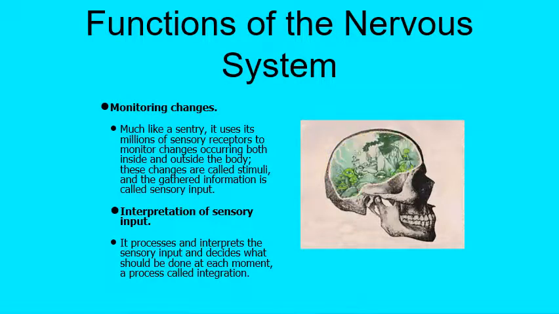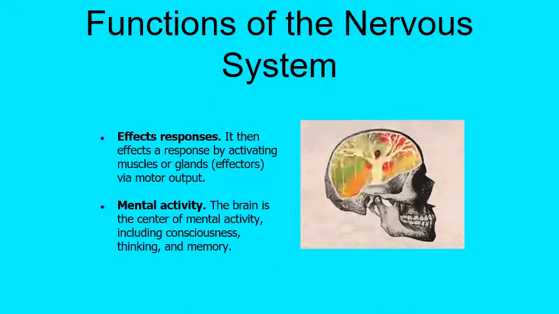So these are converted into electrochemical signals and then processed in the brain, and the brain will interpret what this specific stimulus mean and how should we react to this stimulus. So after giving meaning to the information or the stimulus, it then activates a specific response through muscles or glands or via motor output.